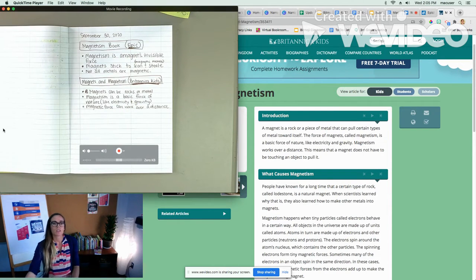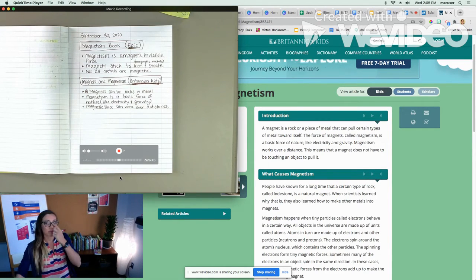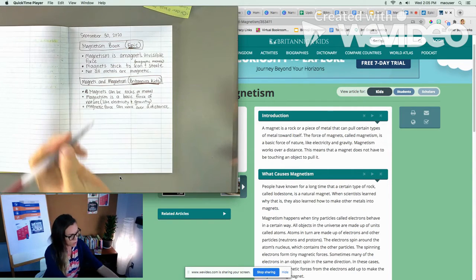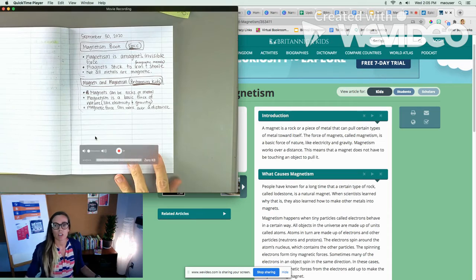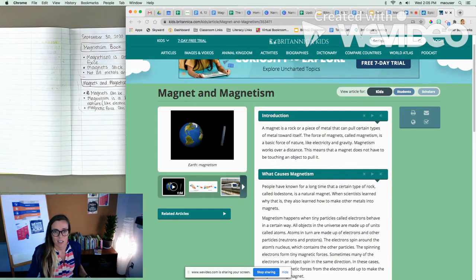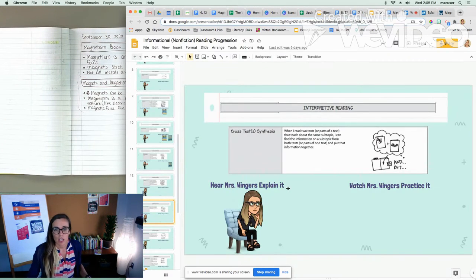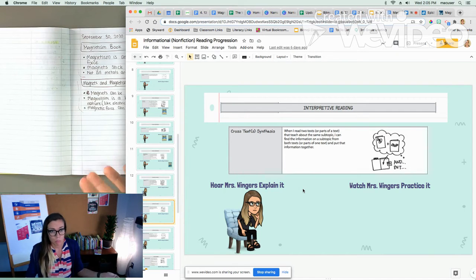Okay, so now I have these two sets of notes, these two sections of information. Now I want to do some cross-text synthesis. Just a reminder of what that means: I've read two texts, or parts of a text in this case, that teach about the same subtopic, which is magnets and what they're made out of.